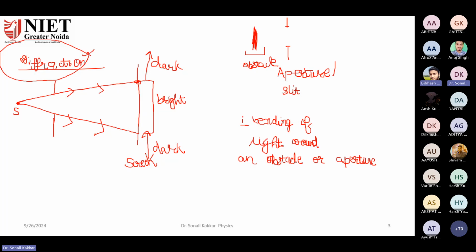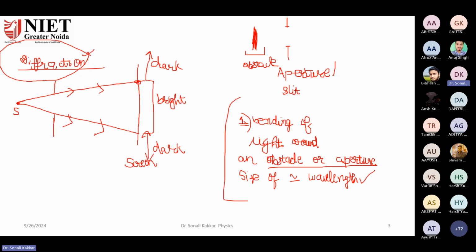So there must be some condition. It should be very small. Yes, it is small, but also its size should be of the order of the wavelength of light, such that the size of the aperture or obstacle is comparable to the wavelength of the light or wave which is undergoing diffraction. This is the condition. So we'll come to this.